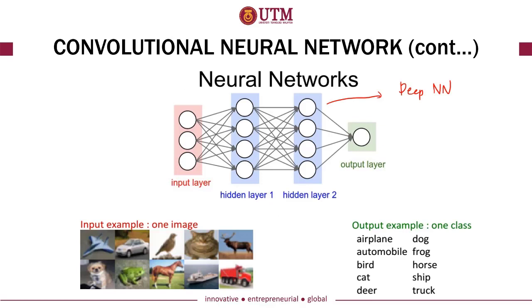For the deep neural network, which is extended from the DNN that you learned before, the picture looks like this, meaning that the circle represents neurons, and the arrow represents the connection between neurons and so on. But when you learn deep learning, especially CNN, the picture representing CNN is a little bit different.